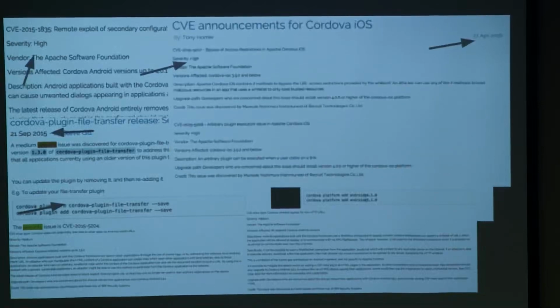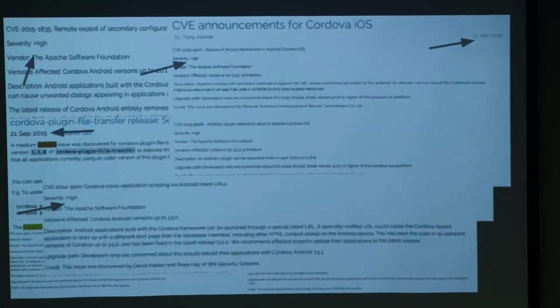It's no secret, actually, from April and May and June and July. Heavily researched. From the plugins here, you can see Cordova iOS, Android intent URLs. Here's the one: Cordova cross-application scripting.